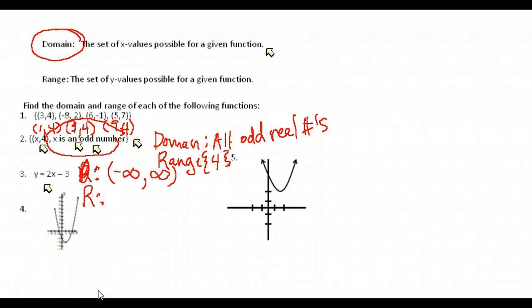Our range, well, we could also get any number out of that. So our range is also negative infinity to infinity, or, again, you can just write out all real numbers, but it's important to be familiar with this notation so that you know what it means. It means from negative infinity to infinity, anything in between.